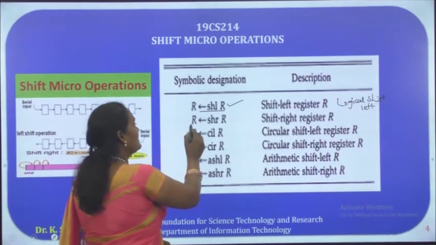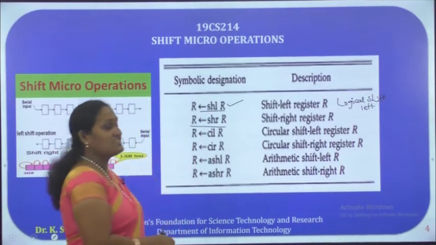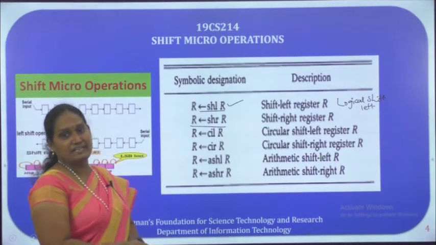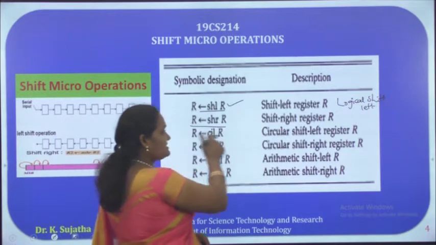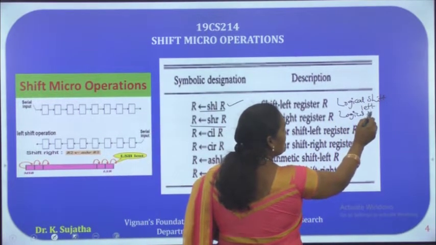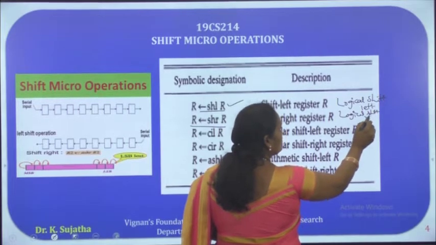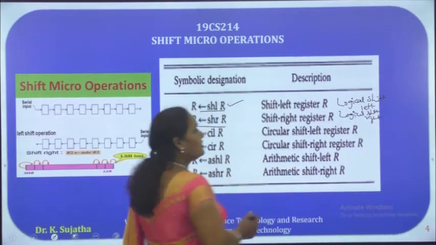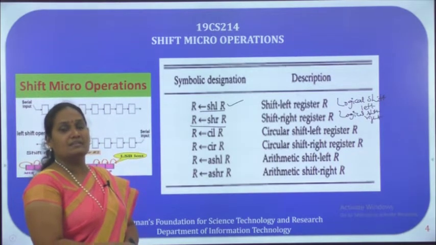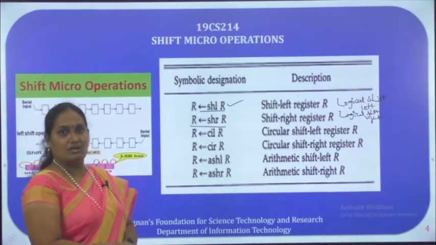Then R ← SHR R, where SHR means shift right. This is also a logical operation, that is, logical shift right. In this operation, the bits in register R are shifted towards the right by 1 bit position.